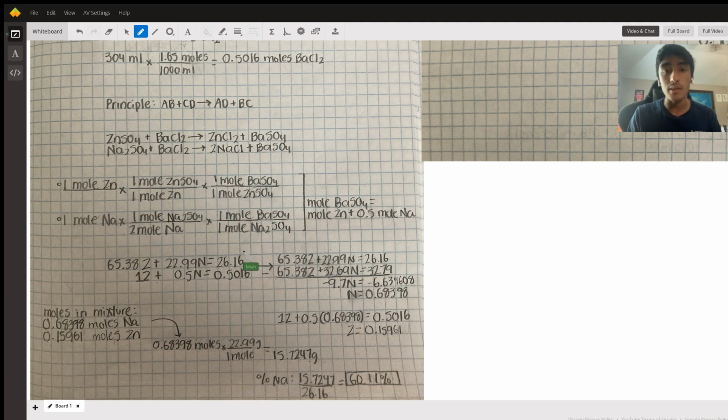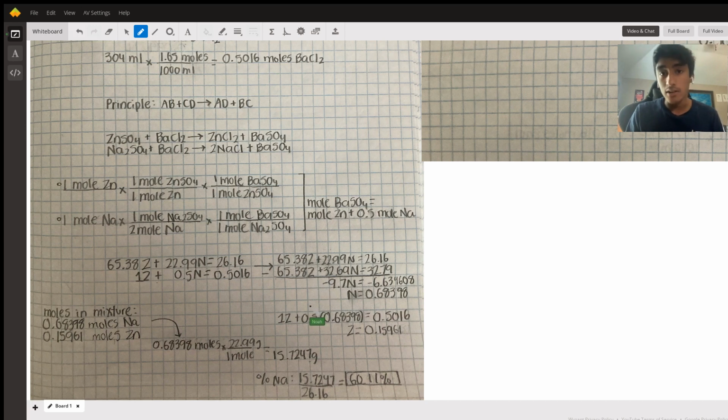And that equals the mass of the mixture. And then from this equation right here, we know that 1 mole of zinc and then half the moles of sodium yields all the moles of barium chloride, which in turn relates to barium sulfate, because we're trying to maximize it, remember? So then we have 1Z plus 0.5N equals 0.5016 moles of barium sulfate.